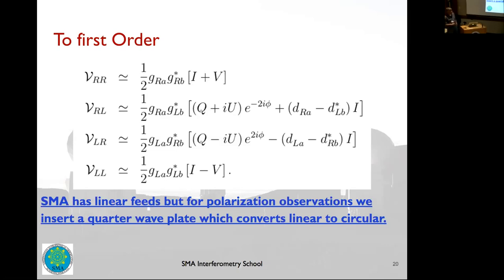The SMA has normally linear feeds, but for polarization observations, we insert a quarter wave plate which converts linear to circular. The reason you do that is to get Q and U from this: you basically subtract these two. Assuming you can calibrate the instrumental polarization out, you just subtract right-left from left-right.